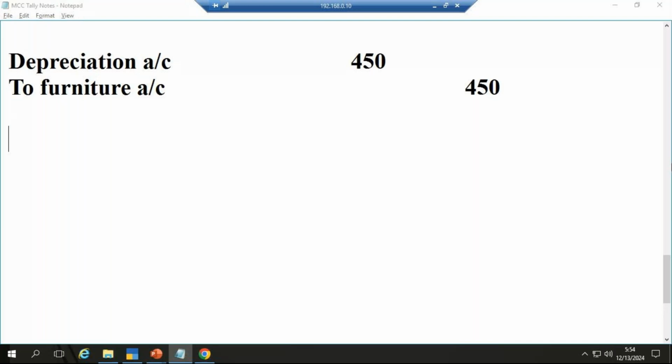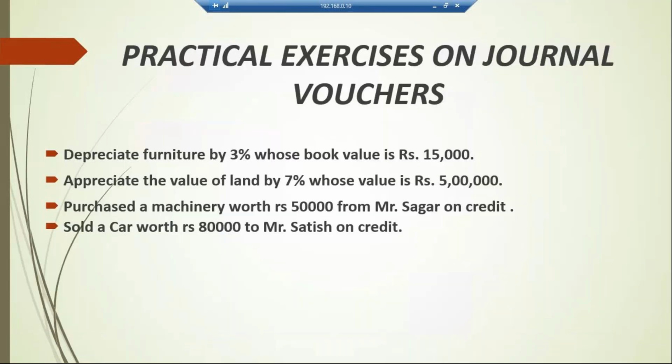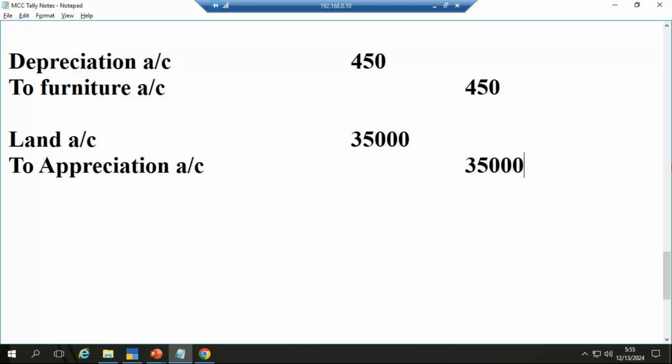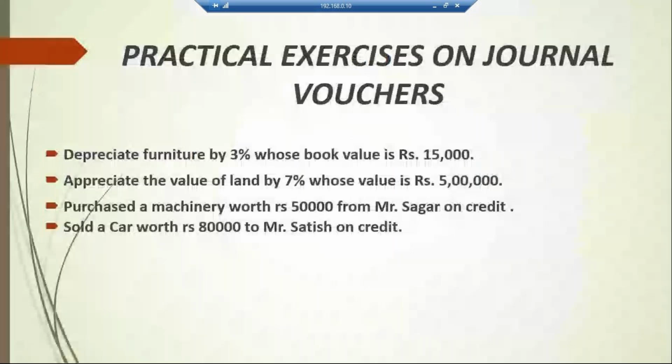The second one, appreciate the value of land by 7%, whose value is 5 lakh. So land account debit, 7% of 5 lakh, 7 fives are 35, so 35,000, to appreciation account worth rupees 35,000. Enter.